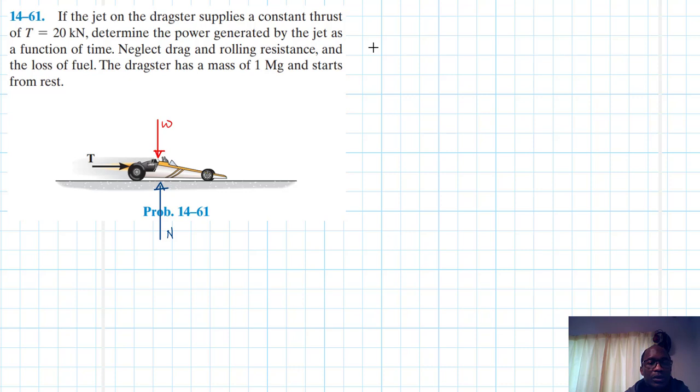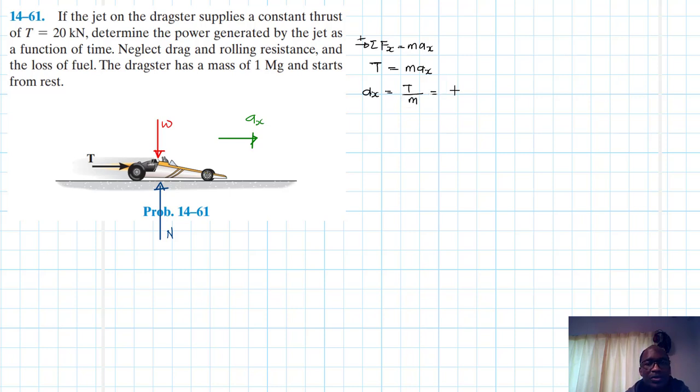Okay, so let's apply the equation of motion. Say motion is in this direction, like so. This is our a_x. So the summation of forces in the x direction is equal to m a_x, with that direction being positive. So we have thrust, and this is equal to m a_x, and therefore a_x is equal to T divided by m.